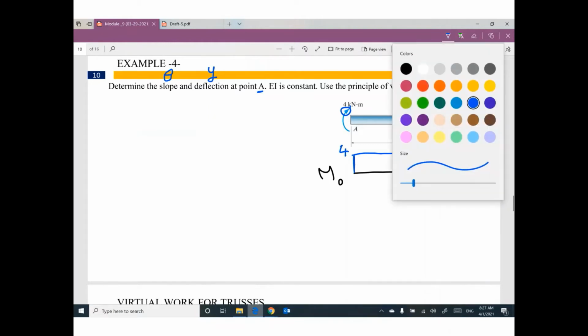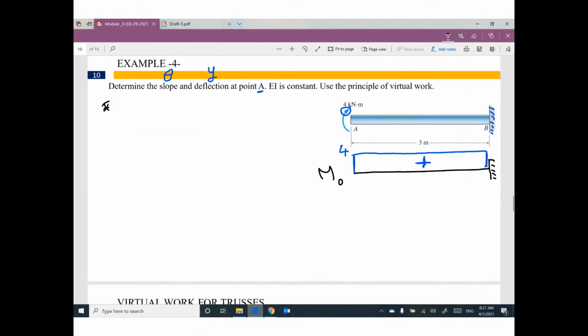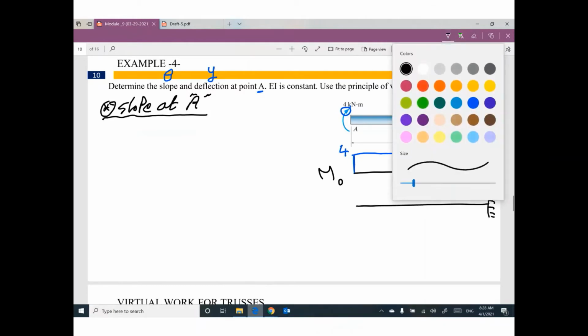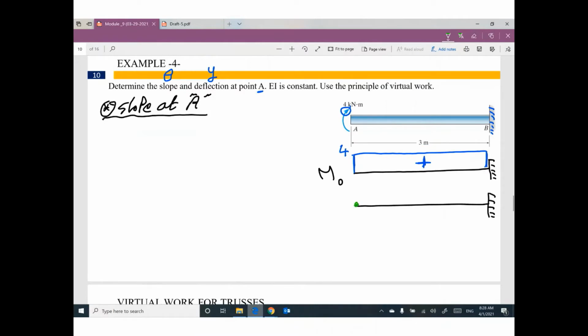I will start with slope at A. So the next step, I will remove everything, and at point A, I will put unit moment.